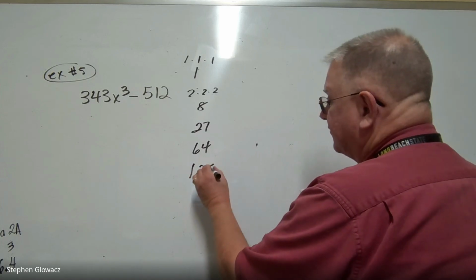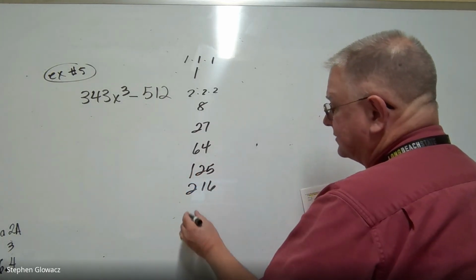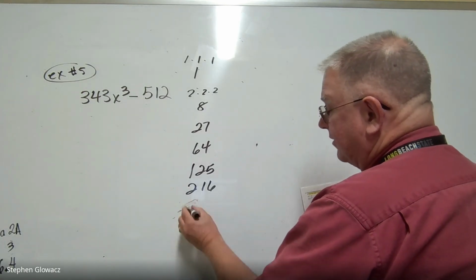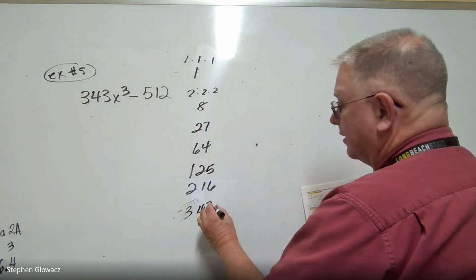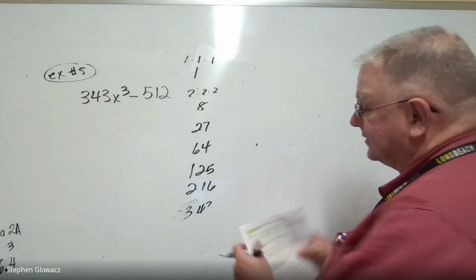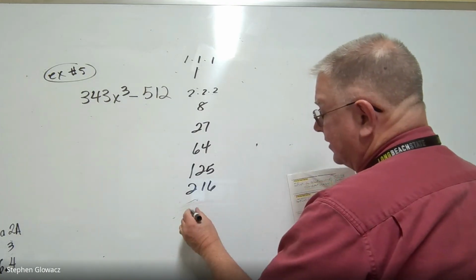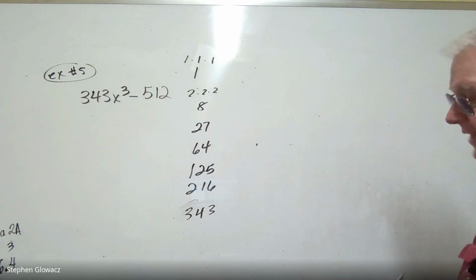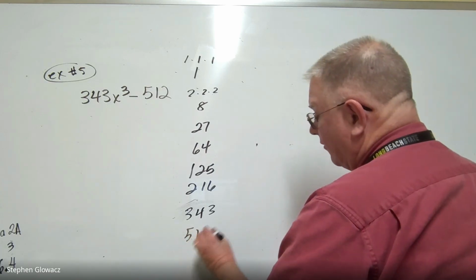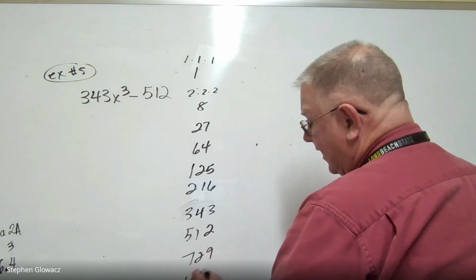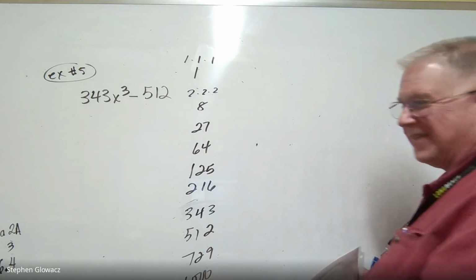This is 5 times 5 times 5, 6 times 6 times 6, 7 times 7 times 7, which is 343. And then 7 times 7 times 7 is 343. 8 times 8 times 8 is 512. 9 times 9 times 9 is 729. 10 times 10 times 10 is 1,000.